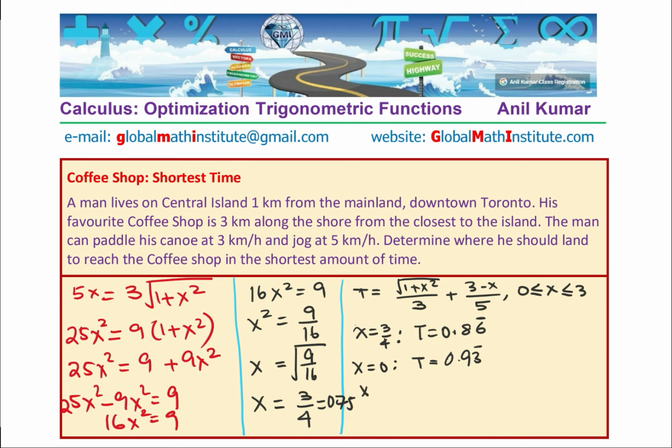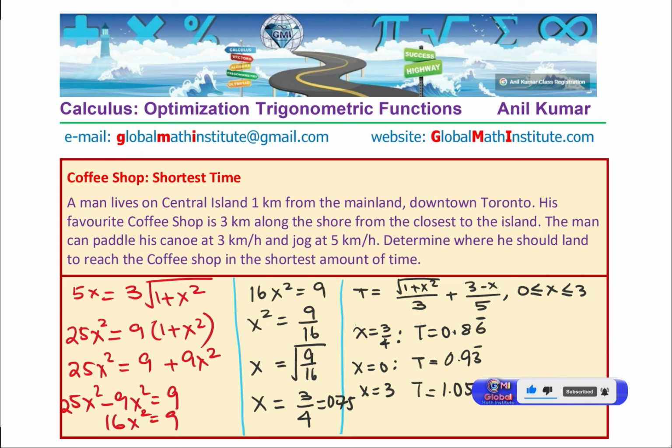And if I put x as equal to 3, in that case, my second term becomes 0, and in the first term 3 square is 9, 9 plus 1, 10. So square root 10 divided by 3. That gives you a decimal value of t equals to 1.05.